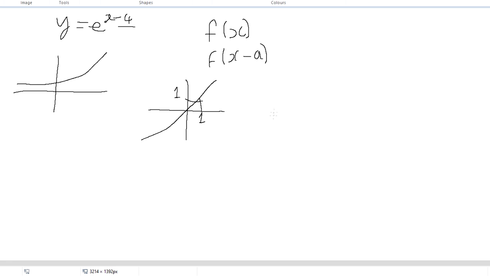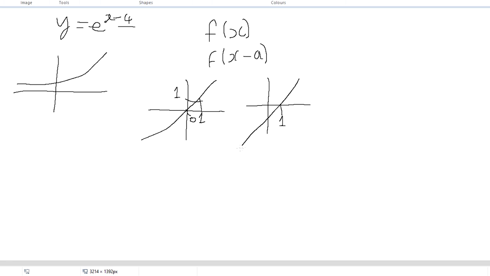Now if I want to shift that graph by 1 to the right, when x is 1, we want the value for when x was 0 from the previous graph, because we don't want 1, we want y to be 0.